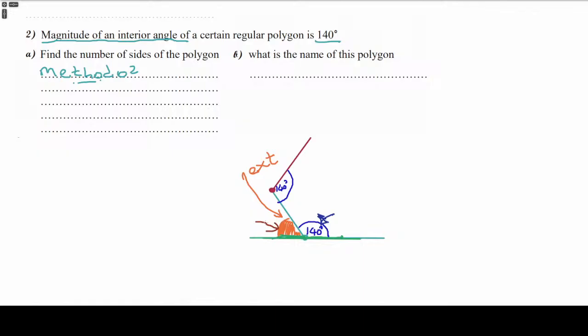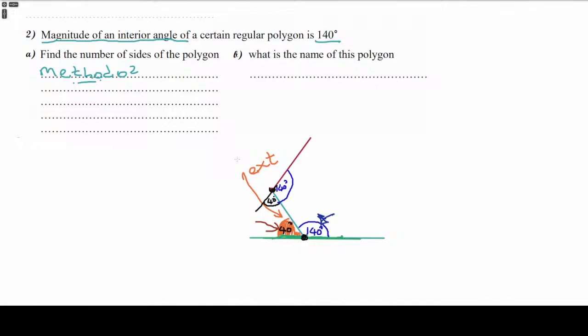So if the blue angle is 140, the orange angle is 180 minus 140, which is 40 degrees. So in this polygon, all the exterior angles are 40. At each vertex, there will be a 40 degree exterior angle.